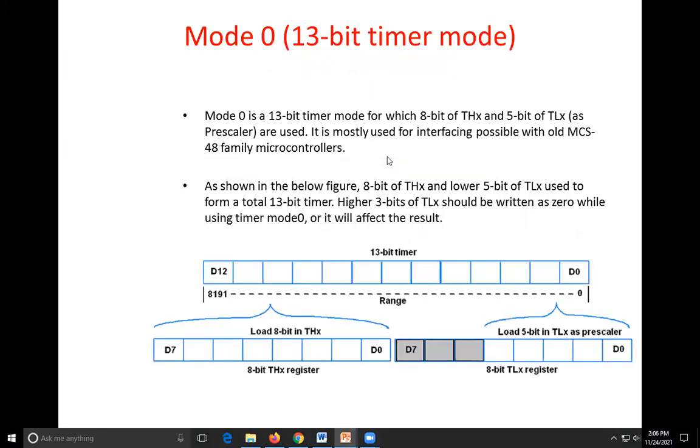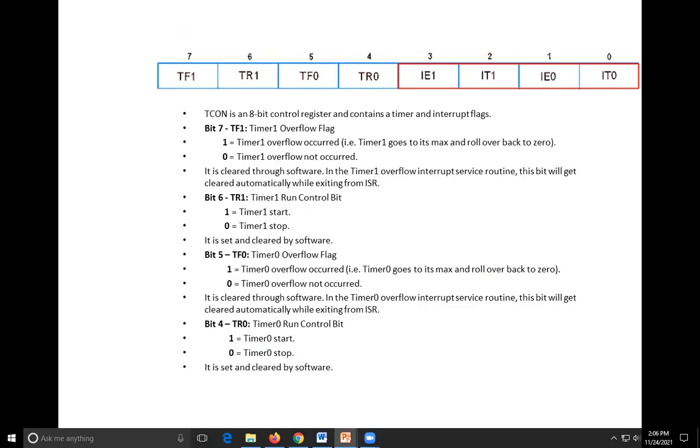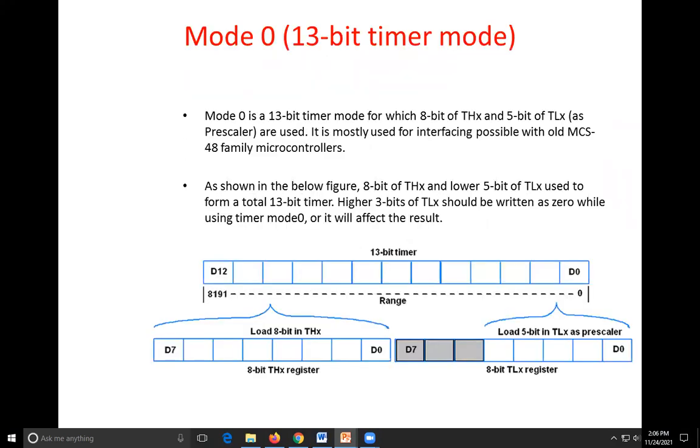I think timer 0, 13-bit timer we are discussing. Yes or no? Was the 13-bit timer discussed in the last lecture? Hello.